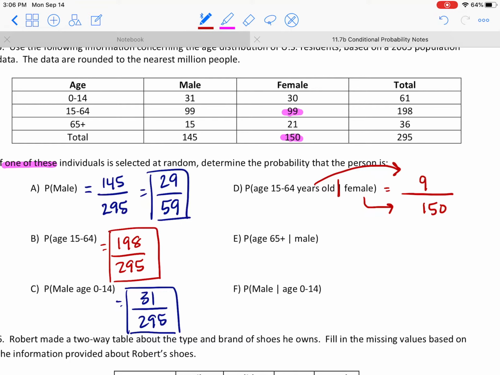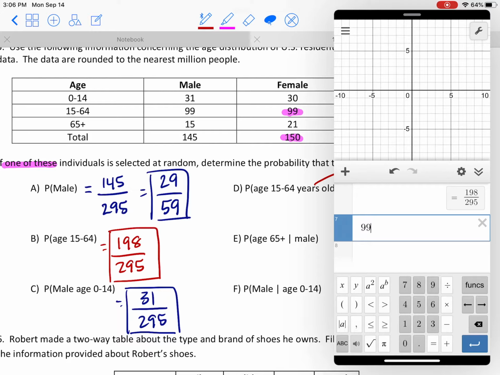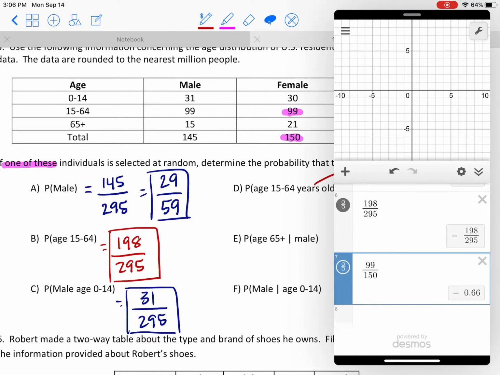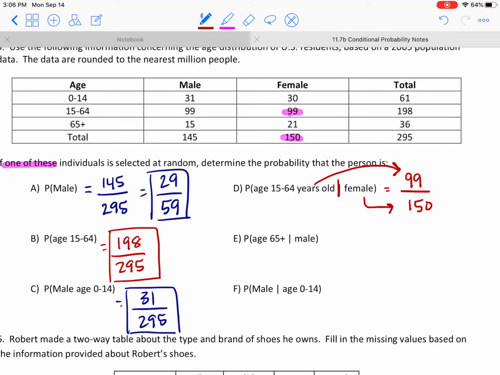So this is going to be 99 out of 150. And that's going to reduce. Let's see. 99 out of 150 becomes 33 out of 50. So 33 out of 50 here.